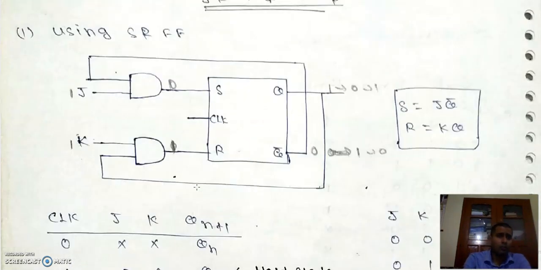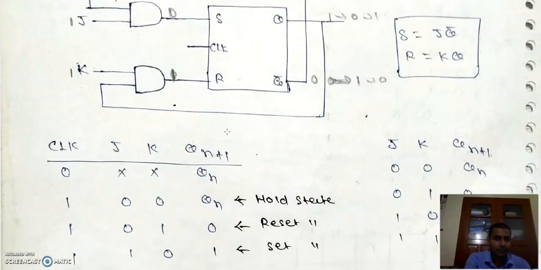Now when we apply clock equal to 0, for any of the inputs J and K, we have already proved in the SR flip-flop that we will get Q N, the previous state. That means the next state will not change unless or until we apply the clock.